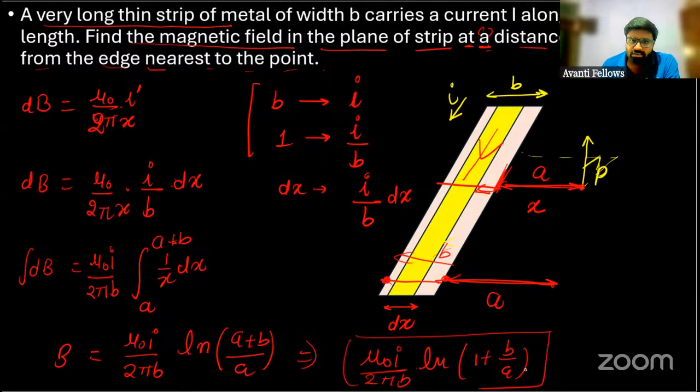For further calculation, you can expand the logarithmic expression and get the final value. If the point is at a very, very large distance from the strip, you can expand the logarithm and get the final result.